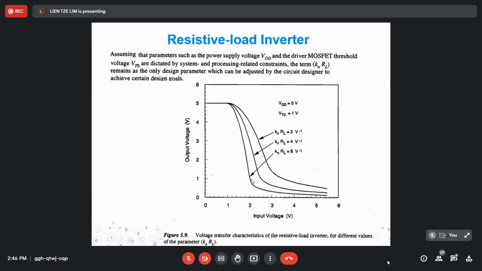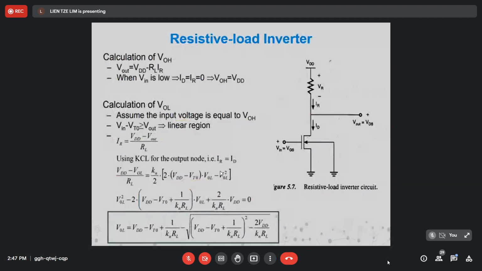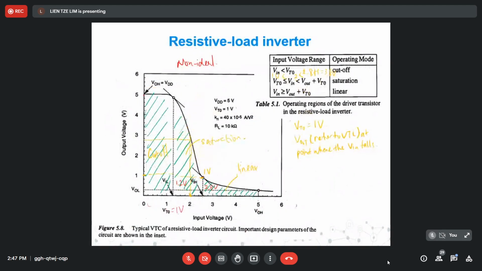Then the transition here is larger. And then the values of VOL. The value of VOL usually we measure at this point. Okay, let me check again. Not the slope, it's at the VOH.